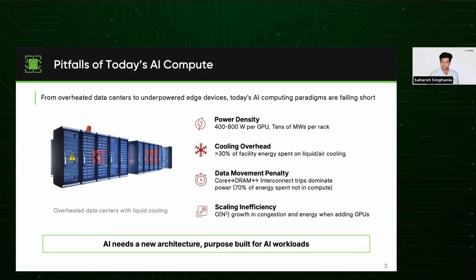Why we think this mission is very important and critical for us is, if you look at AI compute today, whether it's at the edge or in the cloud domain, there are some fundamental problems with how AI is currently computed. GPUs, for example, which are used in the cloud server racks, were never really designed for AI computing. As a result, they're not the most efficient devices for running AI compute.